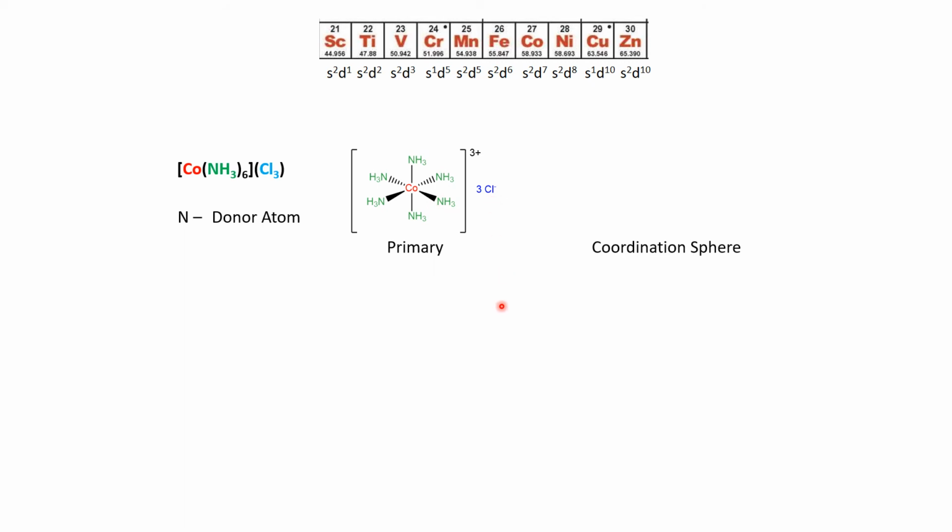We say that in this case, the chlorides are in the secondary coordination sphere. So this is hexaamine cobalt 3 that we named before on the previous slide. Chloride goes along to say our counter ion, our anion that goes with this complex cation, is chloride. We don't have to say trichloride because we can already get the charge from the cation from the name.